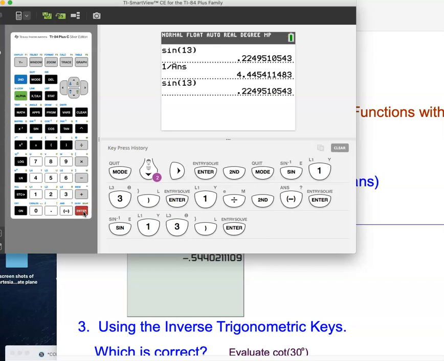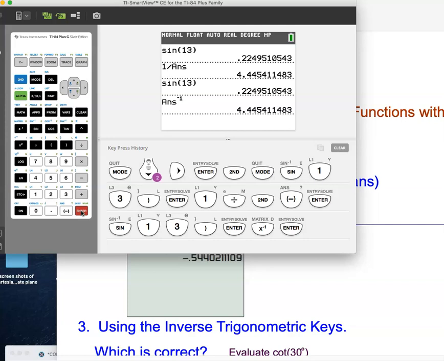You can use this little x to the -1 button that's just to the left of the sine key, because what that does is it takes the reciprocal. It raises it to the -1 power, which of course is the reciprocal. So you'll get the exact same answer. So you have to remember what those buttons are for. And up above sine, cosine, and tangent, you see sine -1, cosine -1, and tangent -1. That is not for cosecant, secant, and cotangent.